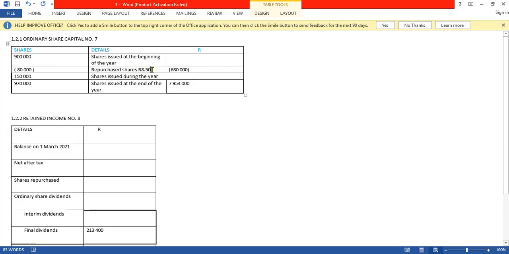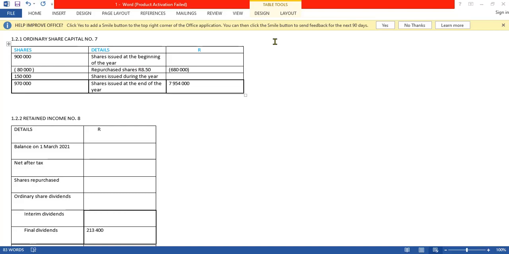Like I said, you're going to say total cost divided by the number of shares. Now that we have the share price and the number of shares, we are going to say 900,000 multiplied by 8 rand 50 cents. Let me calculate it.